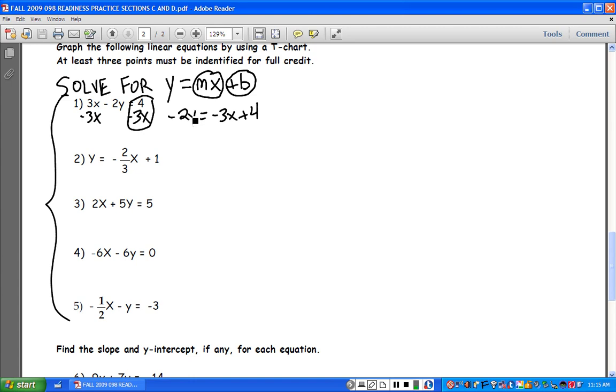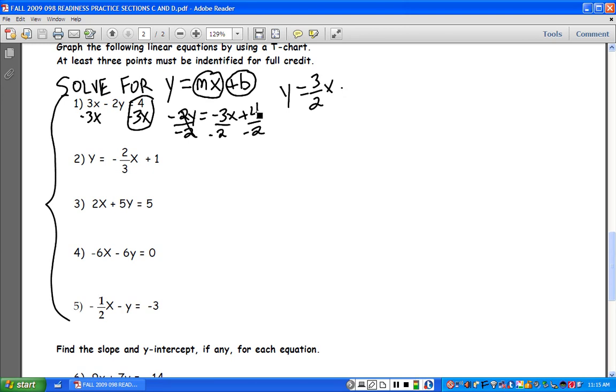Still trying to get y by itself. Now we divide everything by the negative 2. That cancels. Negative 2 here, negative 2 here. So now we have our y equals. Now notice, we have a negative 3 over a negative 2. Negative over a negative when we're talking division gives us a positive. So we rewrite it as a positive 3 over 2 x.